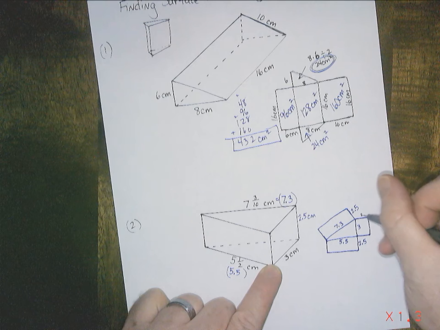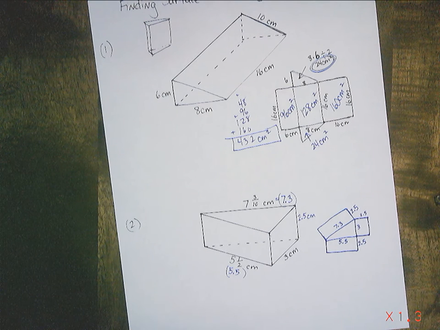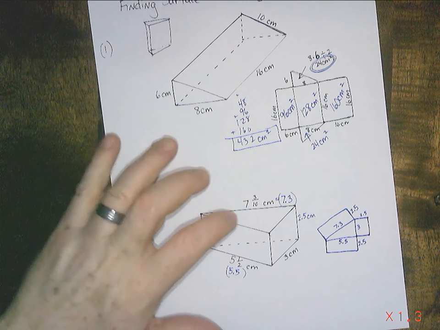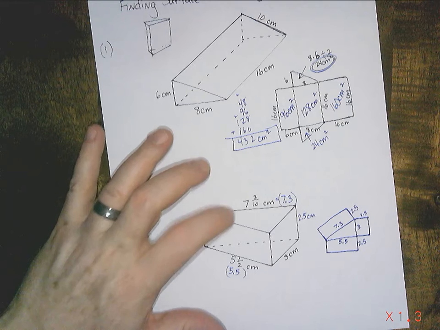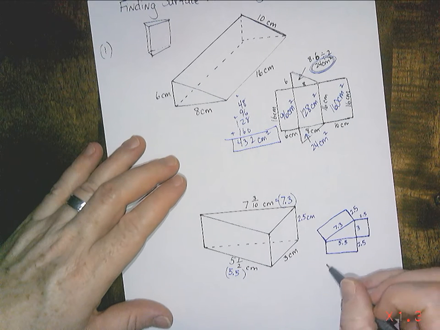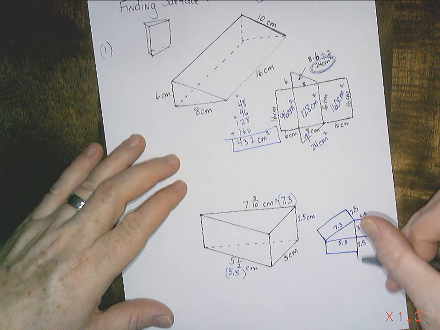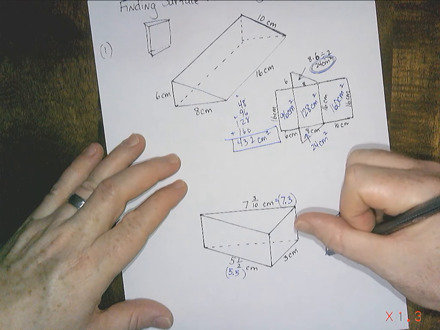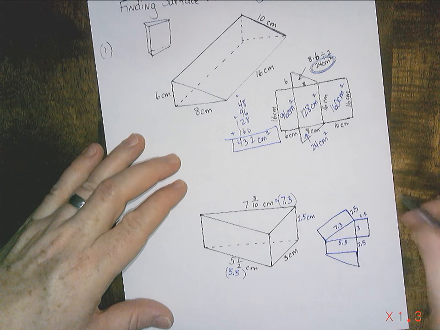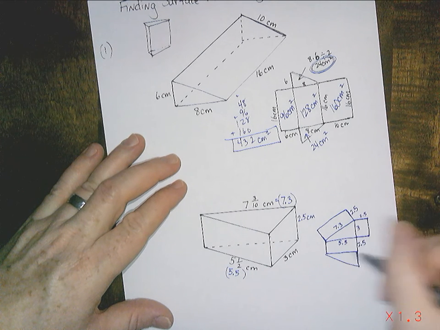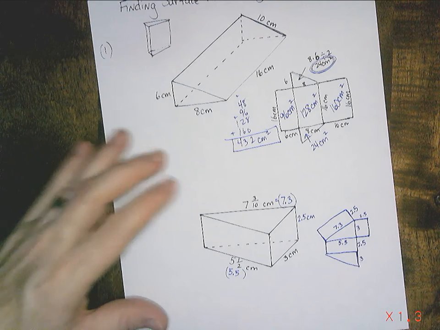Right? And then we're just missing one more triangular piece, which I think is the top. We can put that right here, but it's going to be the same shape as this one here. So this is 5.5 by 3. Let me see if I can zoom that in.